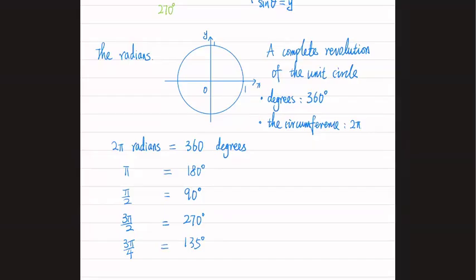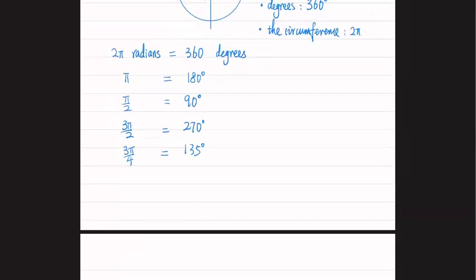Okay, now the interesting question is, what is 1 radian? How many degrees? 60? 90?